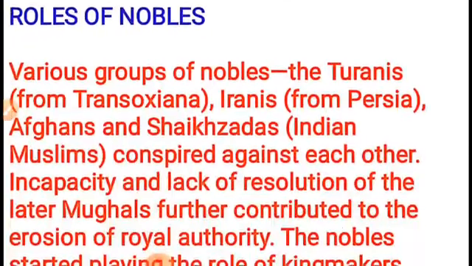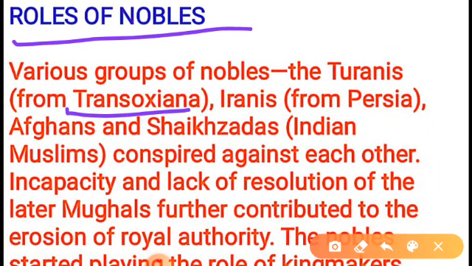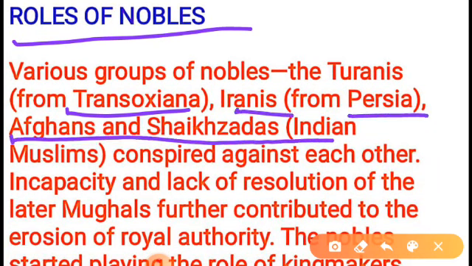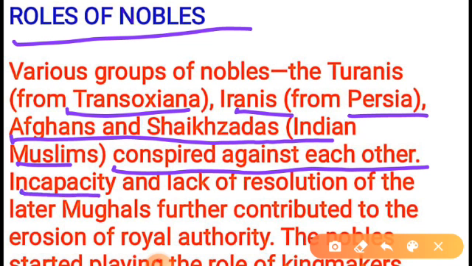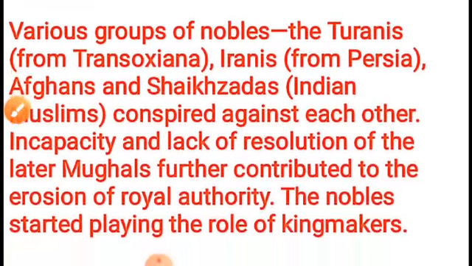Next, the role of the nobles. Various groups of nobles, like the Turanis from Transoxiana, the Iranis from Persia, the Afghans and the Hindustanis, Indian Muslims, were against each other, and the incapacity and lack of regulation of the later Mughals further contributed to the erosion of royal authority.